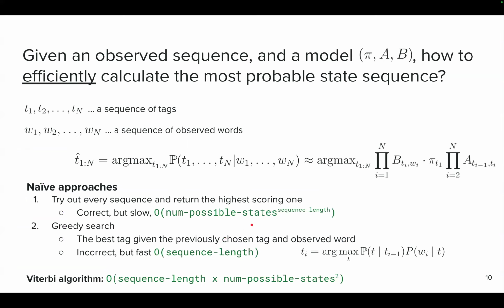Instead of trying out every sequence, which has a runtime complexity of the number of possible states to the power of the sequence length, super slow, we can do something way simpler and try to predict the best tag given the previously chosen tag and observed words. So instead of checking all of these pairs of tags and words and pairs of previous tag and current tag, we are just going to simplify it by looking at the previous tag.